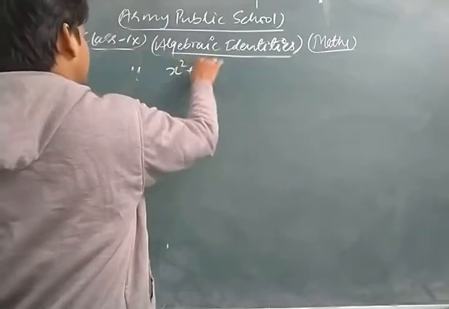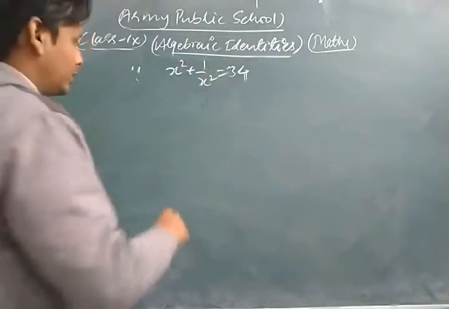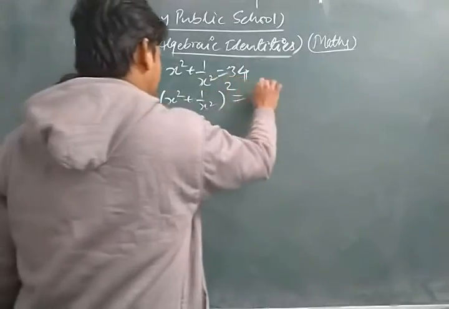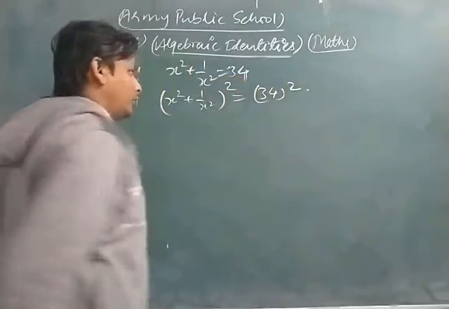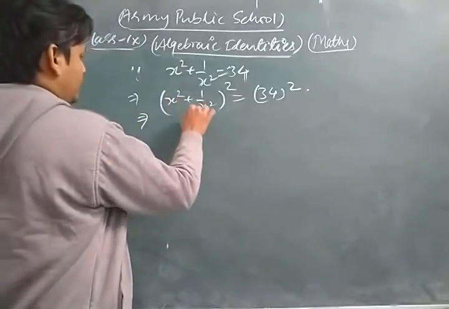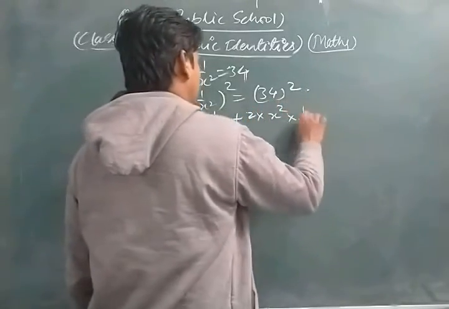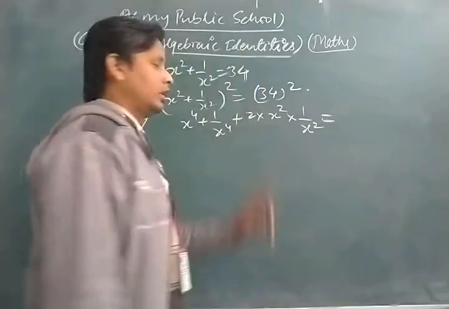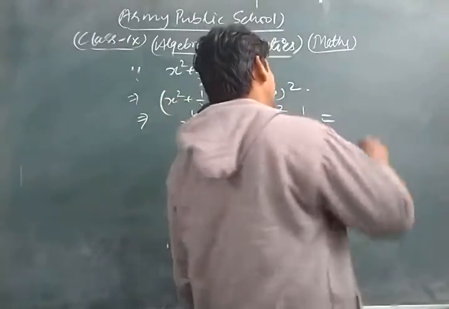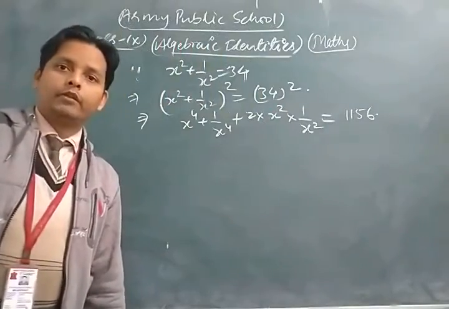Since we have x square plus 1 upon x square is equal to 34, again squaring both sides, a square plus b square plus 2 into a into b is equal to 34 square. The square of 34 is 1156.